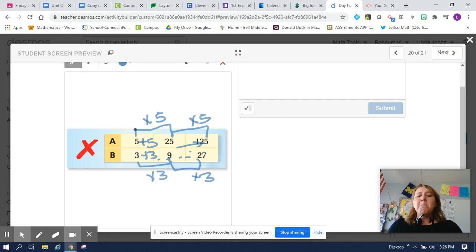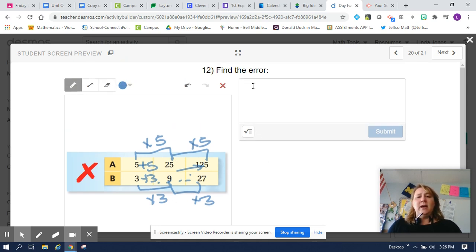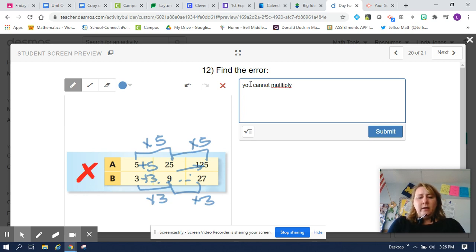But because they were multiplying by a 5 on top and multiplying by a 3 on the bottom, they can't do that. So you cannot multiply by two different numbers on top and bottom.